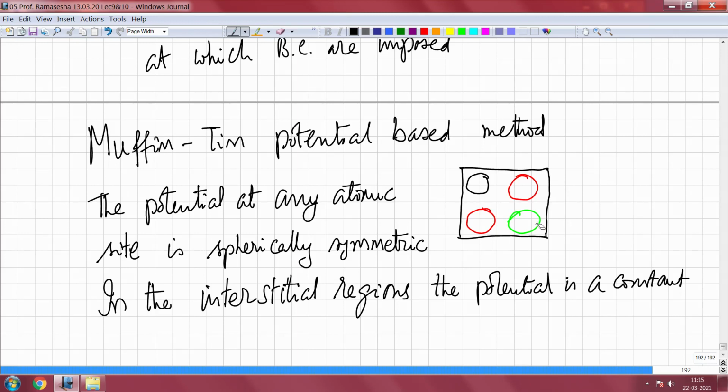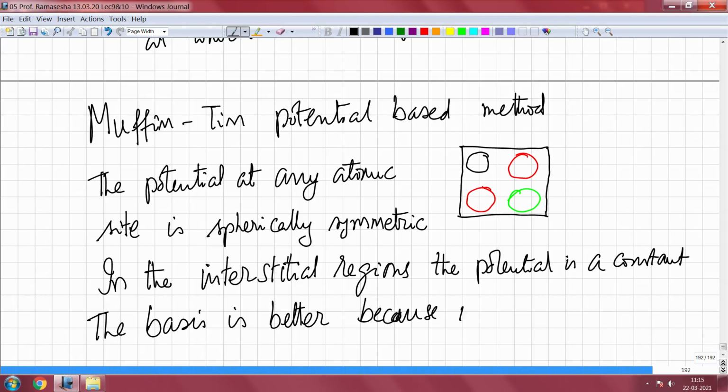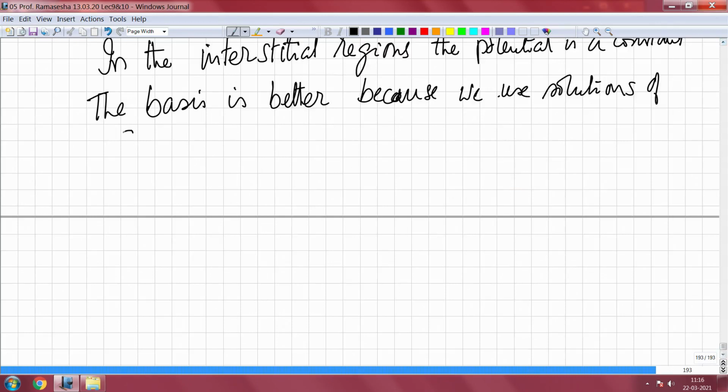So, this actually solves the problem in 2 ways. One is that the basis is better, because we use solutions of spherical potentials in the core region.